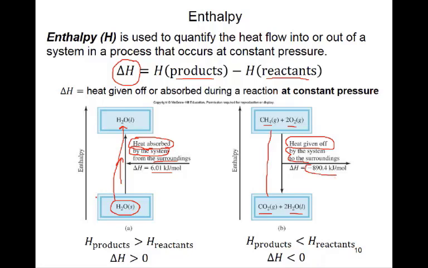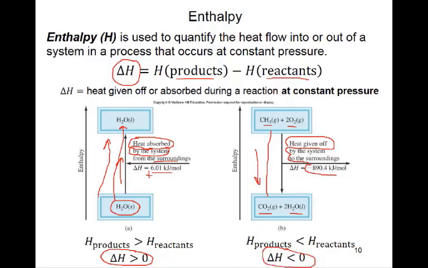When the heat increases, it is greater than 0, so delta H is more than 0. Delta H is positive. It is written here as positive. And if the energy decreases, heat is lost, it is exothermic, and delta H will be less than 0.